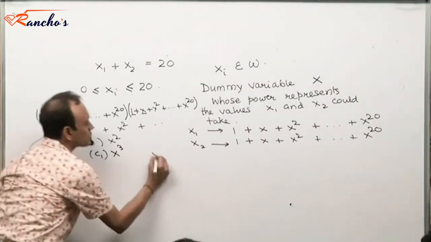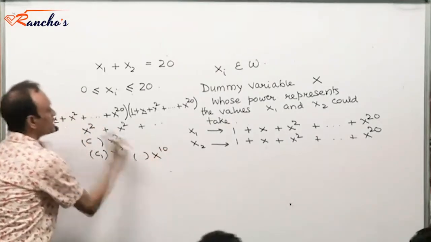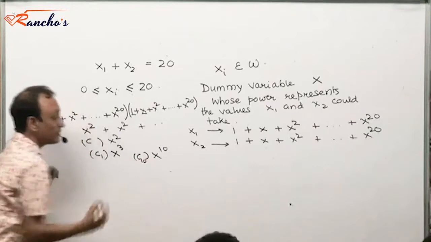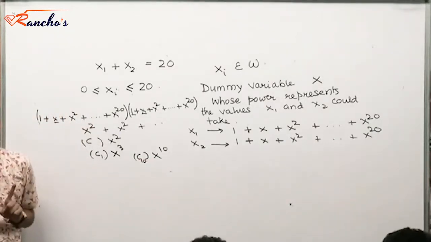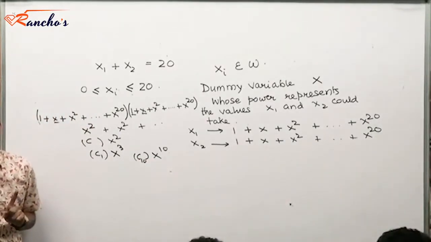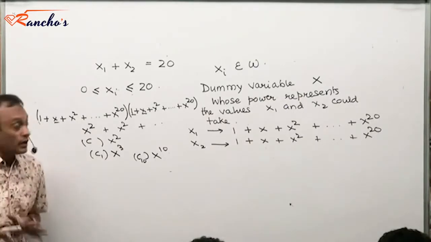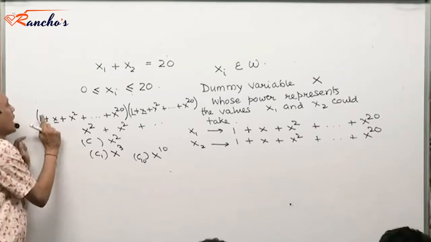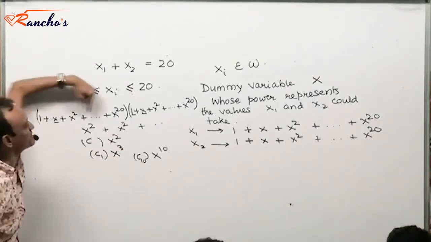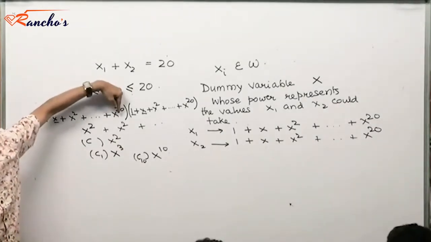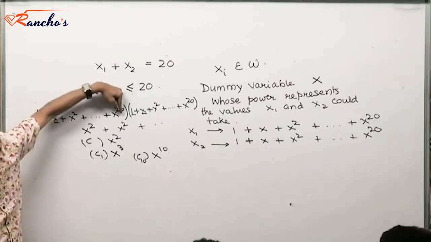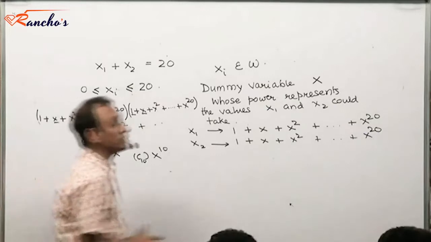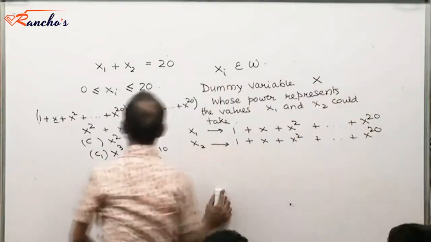If I have x to the power 10 in this multiplication, featuring with a coefficient say C10, then C10 is the number of ways in which x1 and x2 add up to 10, where x1 and x2 are whole numbers, because x1 and x2 are sourcing their values from these powers, so they are essentially whole numbers only. Yes or no? Right?